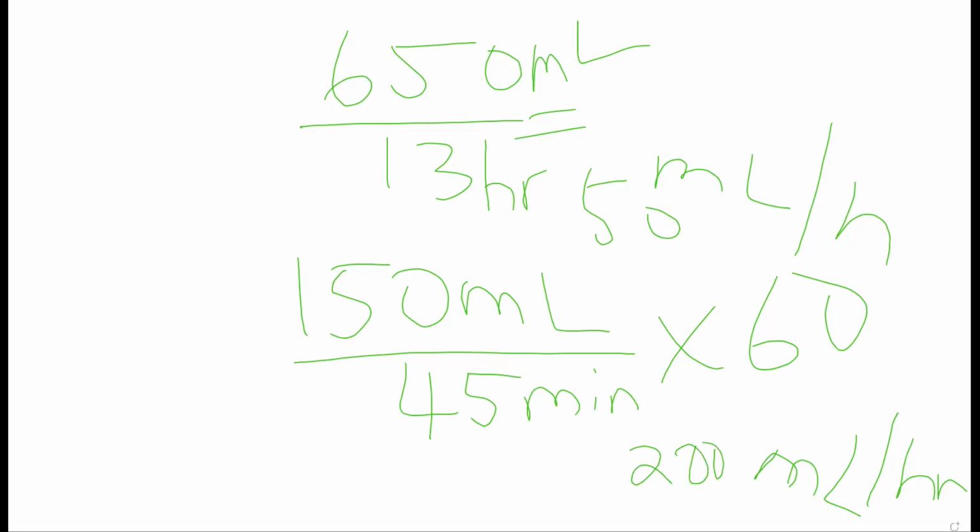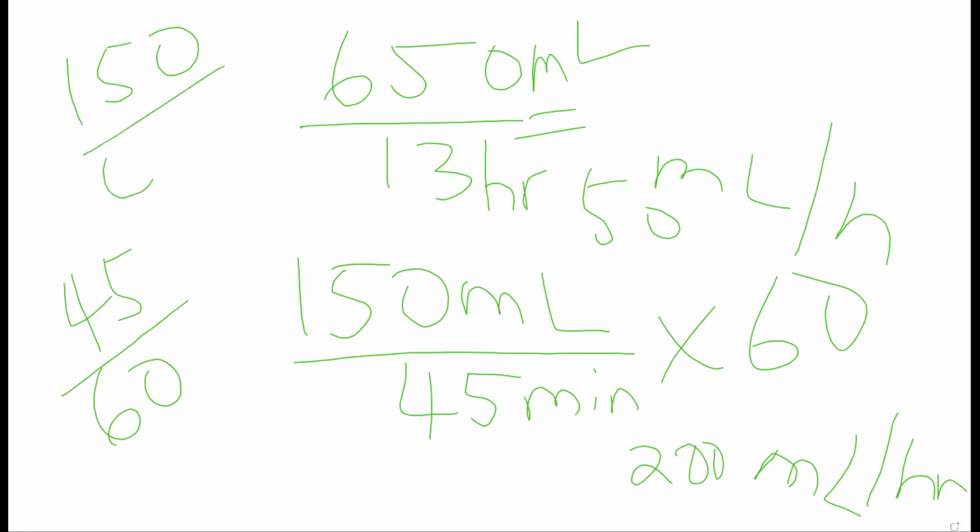Just to show you the proof that that is true, if you took 45 minutes and divided it by 60, you should get 0.75. If you took 150, which is your total volume, and divided it by that 0.75, because now you've converted it into an hour, you'll still get 200.